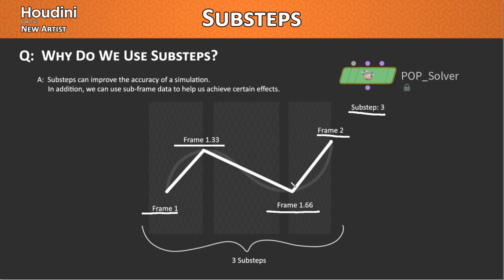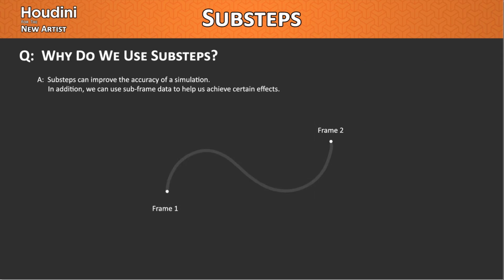Okay, so what does that mean for us, and what can we do to help us create these cool little strand effects that we want to make, right? Well, if we want to make a strand, we know that we need to have 2 points to connect, right? And in this case, we could just use frame 1 and frame 2. We could just go like that.